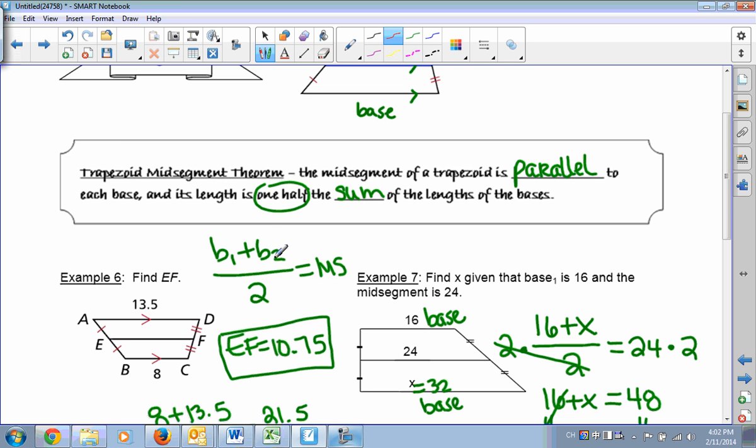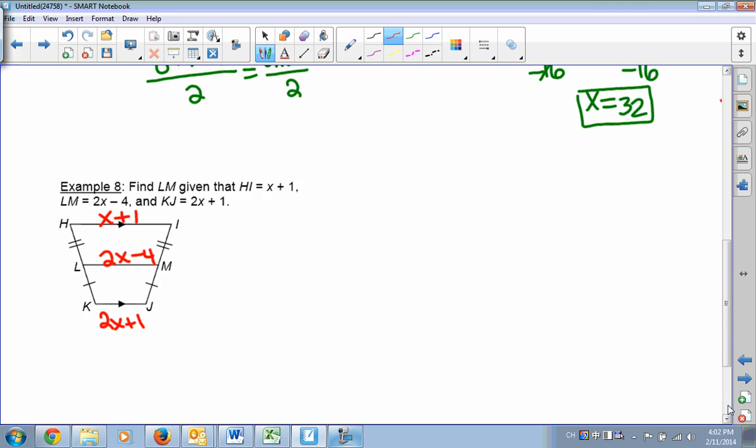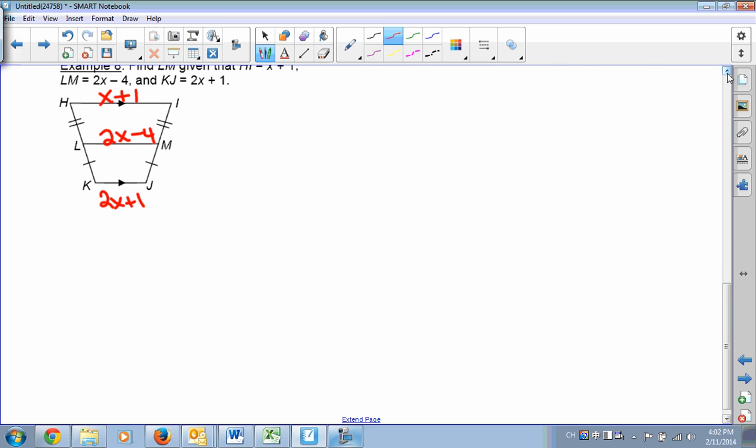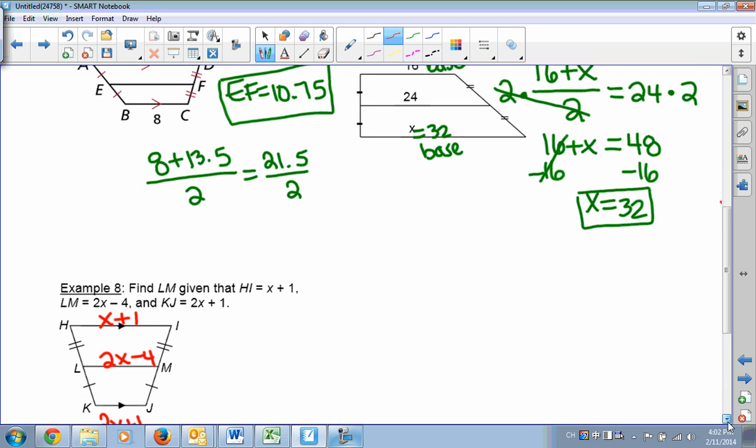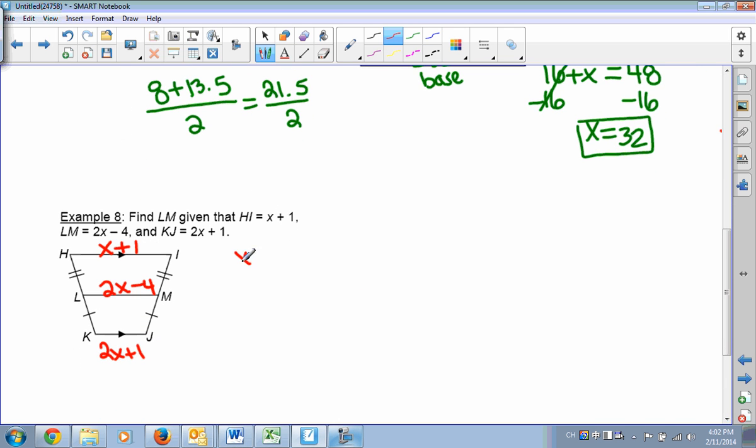B1 plus B2 divided by 2 equals your mid-segment. Okay, so what is B1? X plus 1. Plus, what's your other base? 2X plus 1. Divided by 2 equals your mid-segment, 2X minus 4.